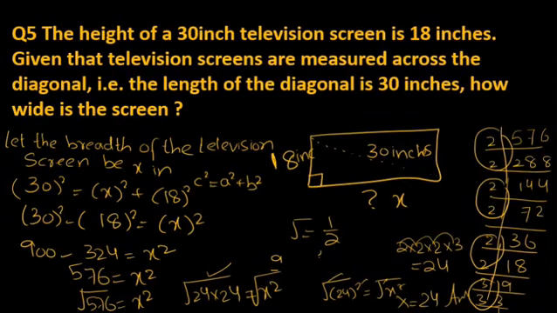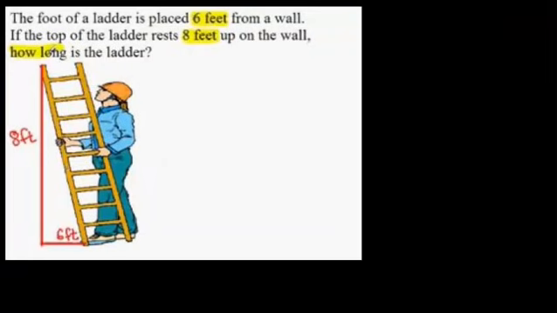Okay, clear? Next, the last question is a simple practice question. The foot of a ladder is placed 6 feet from a wall. If the top of the ladder rests 8 feet up the wall, how long is the ladder?